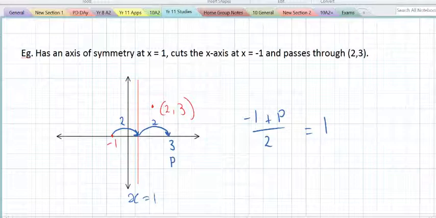So instead of doing x1 plus x2 over 2, comma, y1 plus y2 over 2, you're just looking at the x values, because here we're only considering the x. So that's like x1 plus x2 over 2 equals the midpoint. And we know the midpoint. And then we solve, so -1 plus p equals 2, p equals 3.